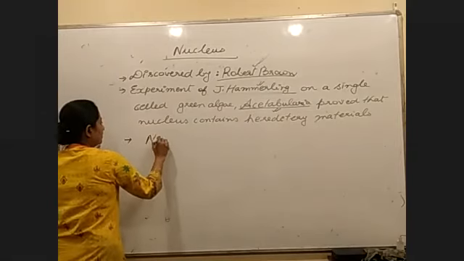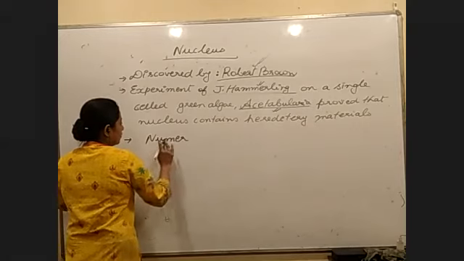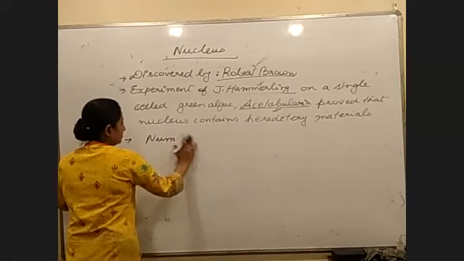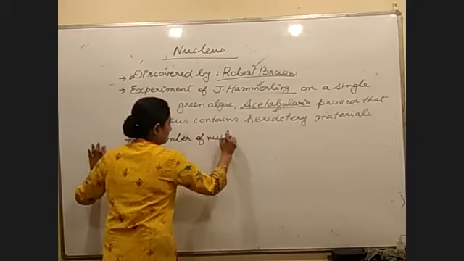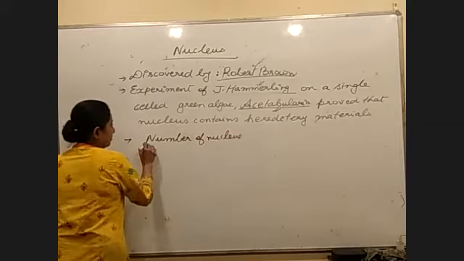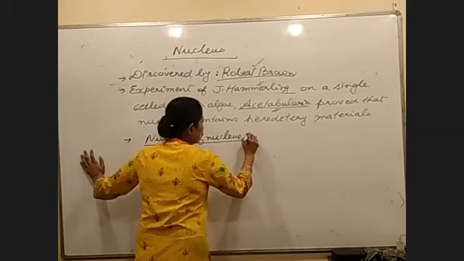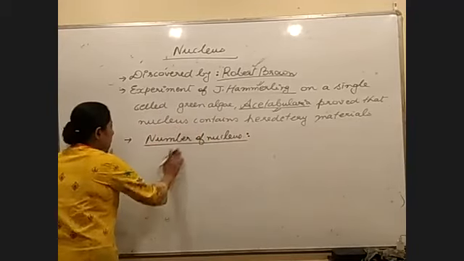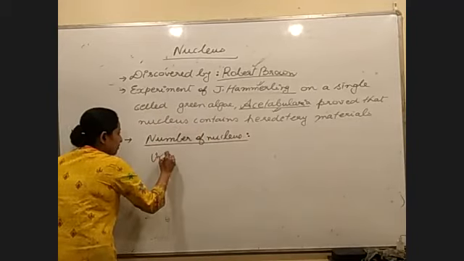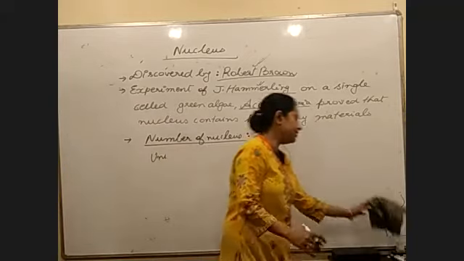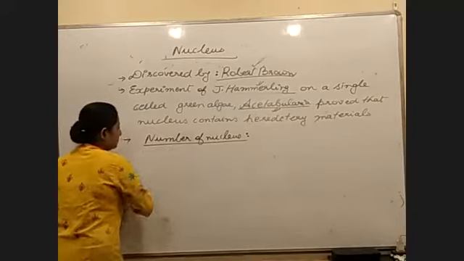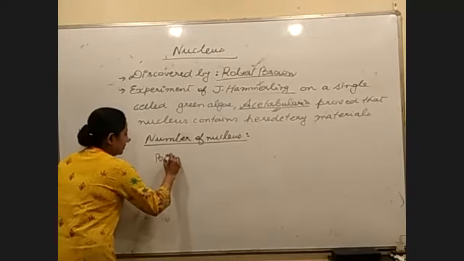Next point is, we have to talk about the number of nuclei in a cell. When we talk about number, we talk about the uninucleate condition, which is maximum in most cells.